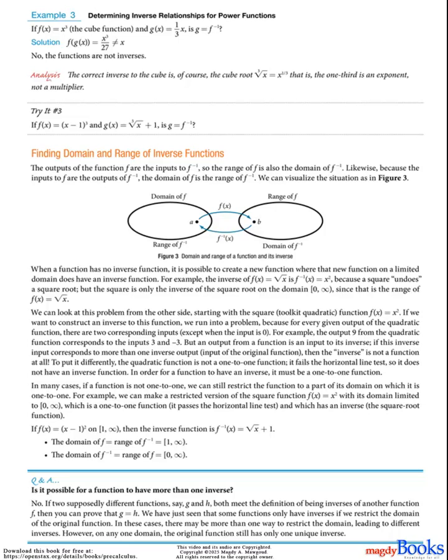Analysis. The correct inverse to the cube is, of course, the cube root of x equals x to the power of 1 over 3; that is, the 1/3 is an exponent, not a multiplier. Try it number 3. If f of x equals, open parenthesis, x minus 1, closed parenthesis, all cubed, and g of x equals cube root of x plus 1, is g equal to f inverse?